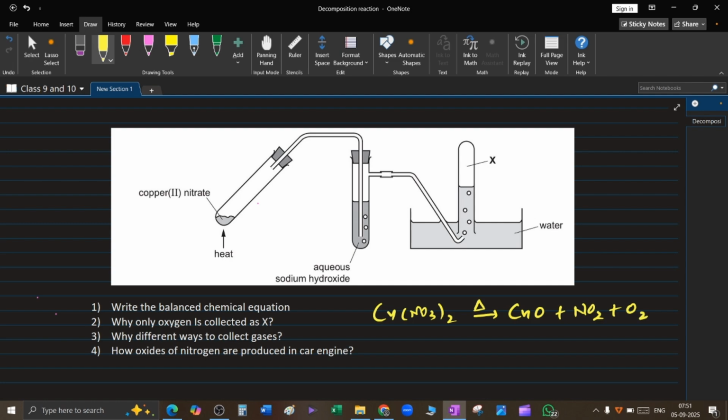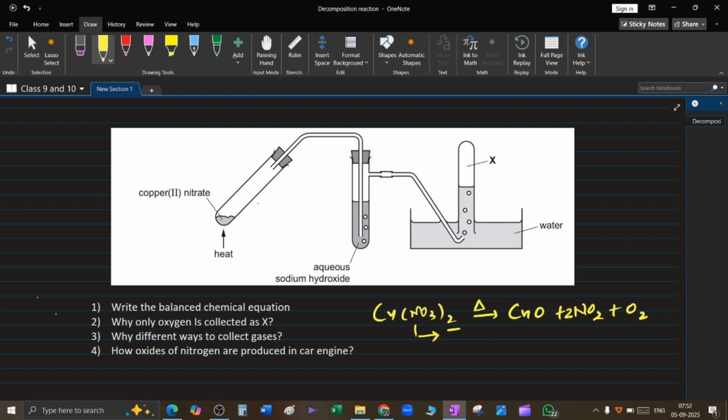Now, the oxygen is already balanced, but what about nitrogen? Here two nitrogen atoms are there. So to make it 4, to make it 2, if I multiply this by 2, then the number of oxygen atoms are not balanced.